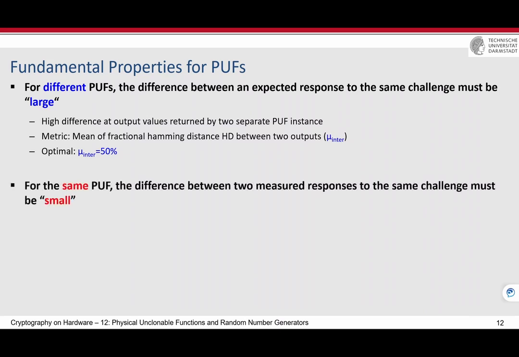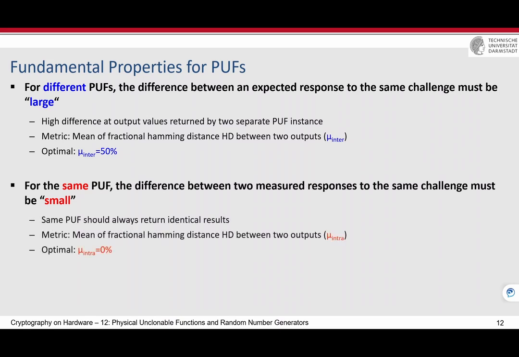And for the same PUF, if you give the same challenge again and again to one instance, the difference should be very small. This means that it should have very high reliability. You give the single challenge to the PUF many times, but then look at how many times the outputs are different. Again, the optimal value of this Hamming distance between different values is 0 on average.